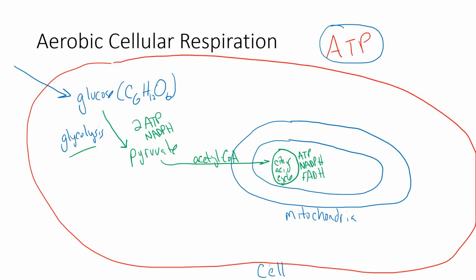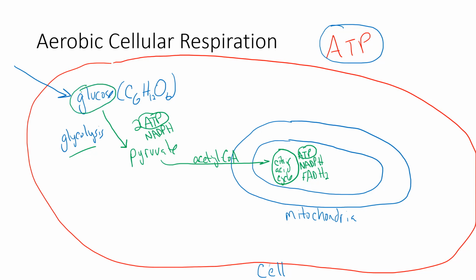Now, those sound like some weird molecules, I know. But the important thing I want you to remember now for this class is the importance of ATP. The whole purpose of this process, cellular respiration, is to produce as much ATP as possible using molecules, forms of chemical energy like glucose.